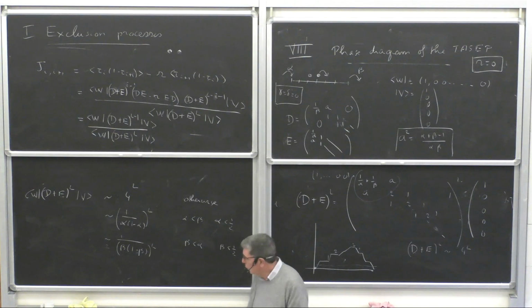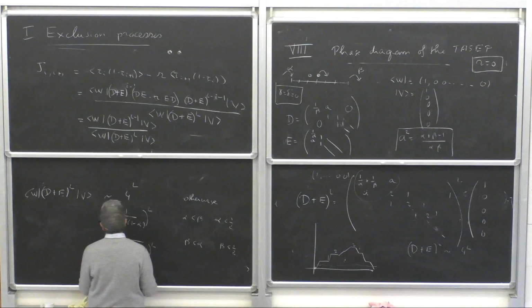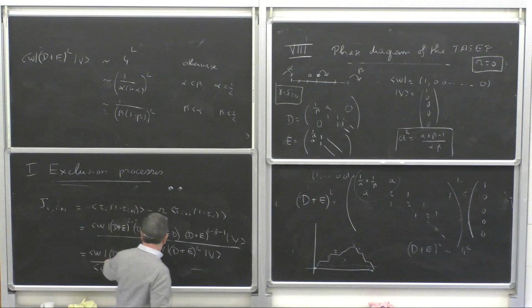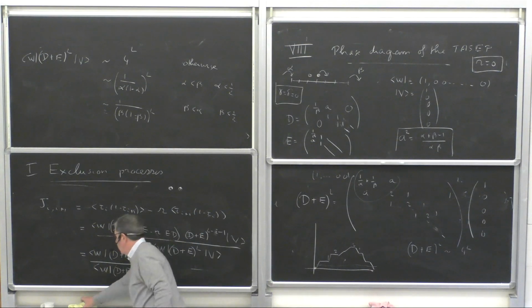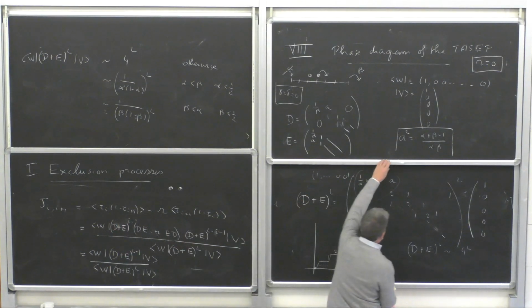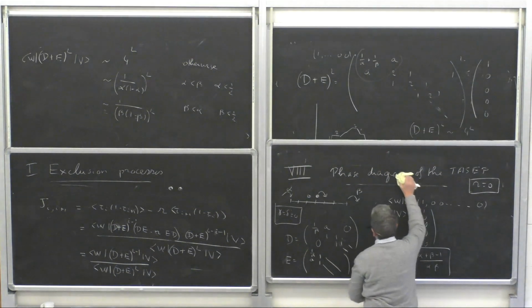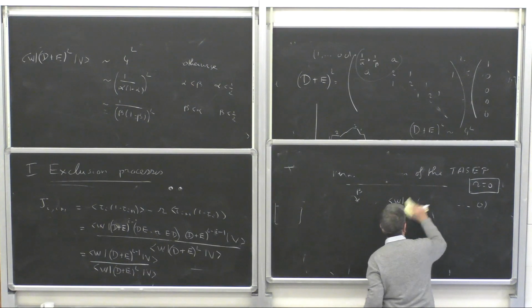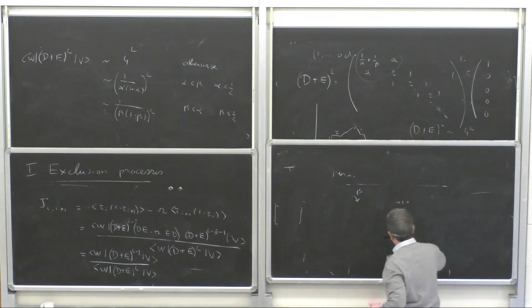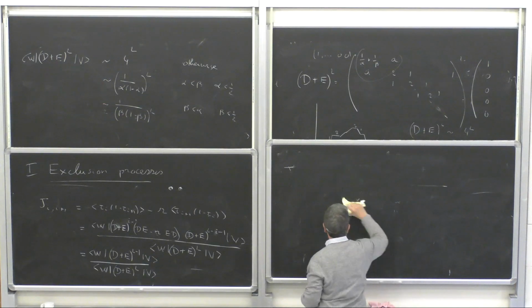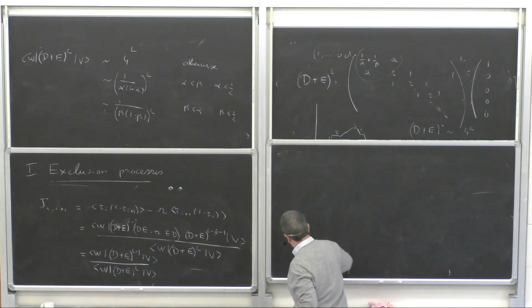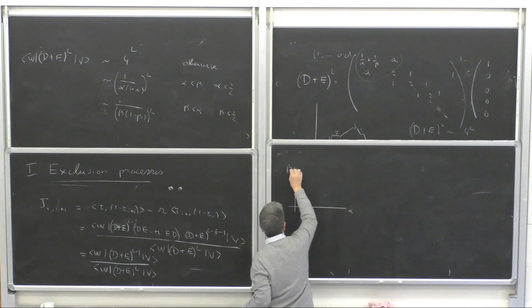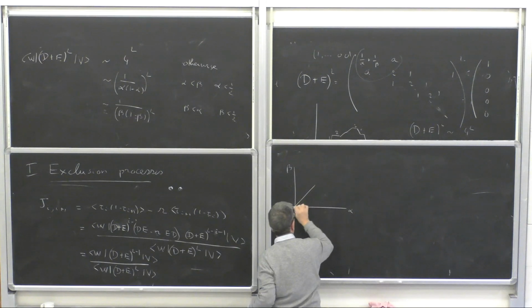Okay. So let me come to the phase diagram. Now it's very easy because I have the current here, and for large L, I get 3 phases. I get alpha, beta, and then something like that.